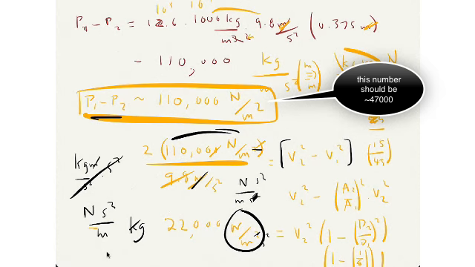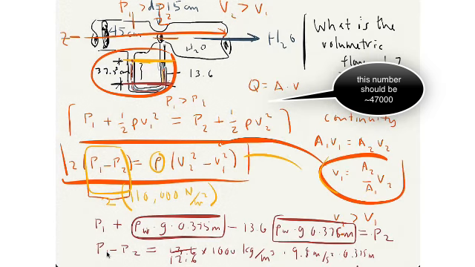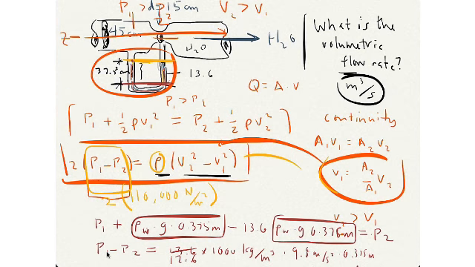Okay, no, I didn't leave it out. Density down here. Pressure here. Velocity here. Units should work out. It should have meters squared per second squared.